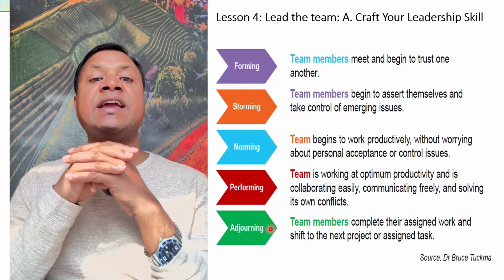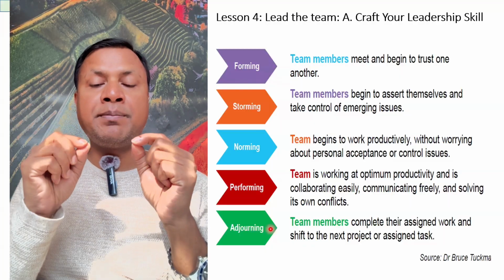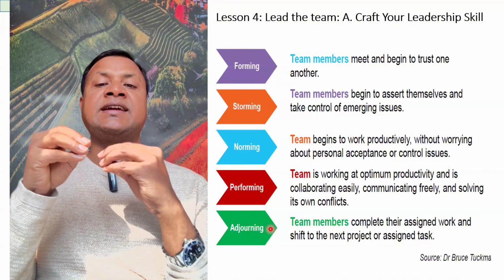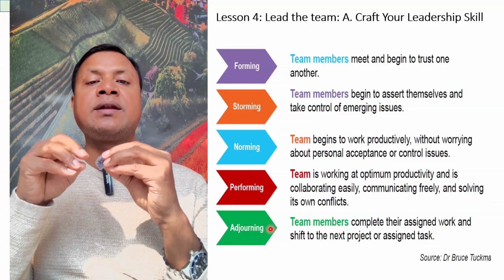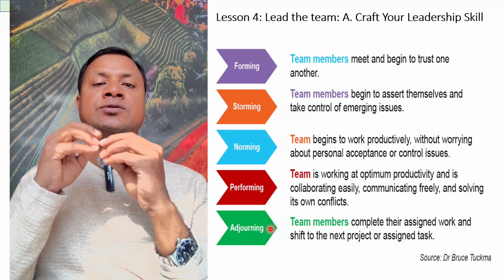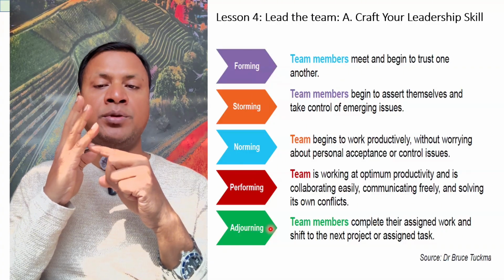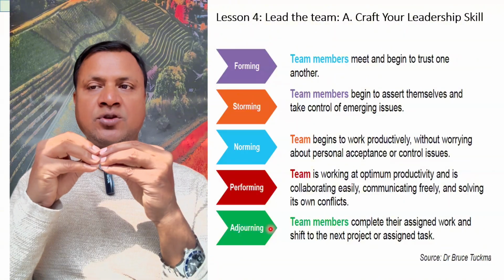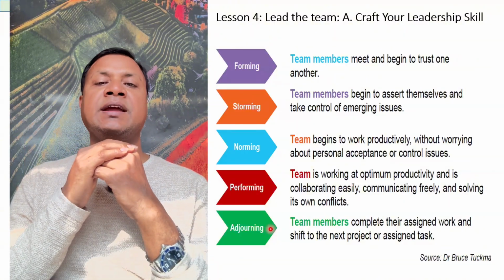And the last one is adjourning. Team members complete their assigned work and shift to the next project task. In this part, recognition and awarding is done. So forming, storming, norming, performing, adjourning are the 5 steps of making a team.